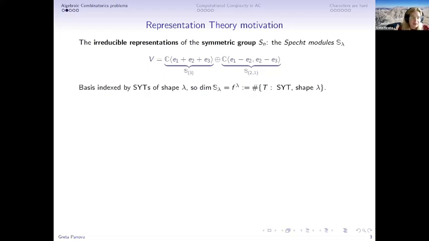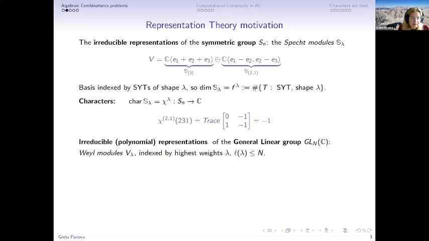Okay, so far so good. The way we study representations usually is by their characters. For the symmetric group, the characters are always integers, positive or negative in this case. They're the traces of the corresponding matrices.